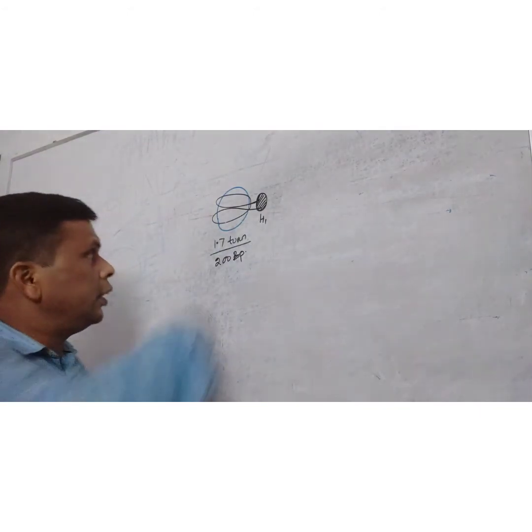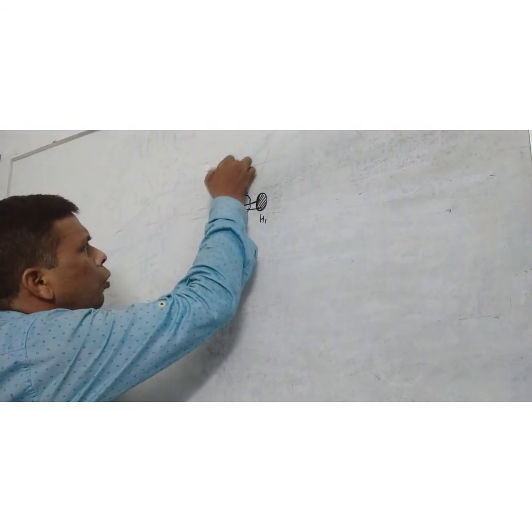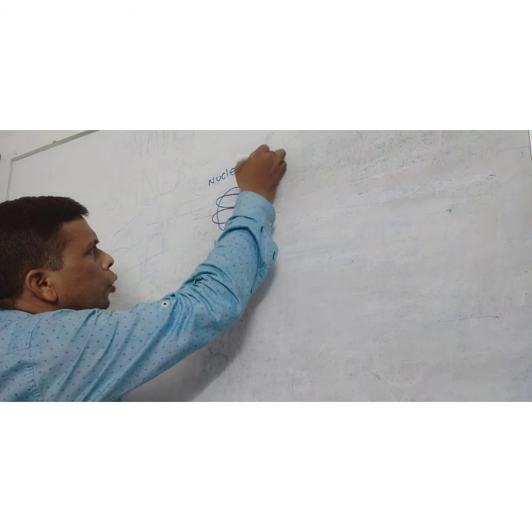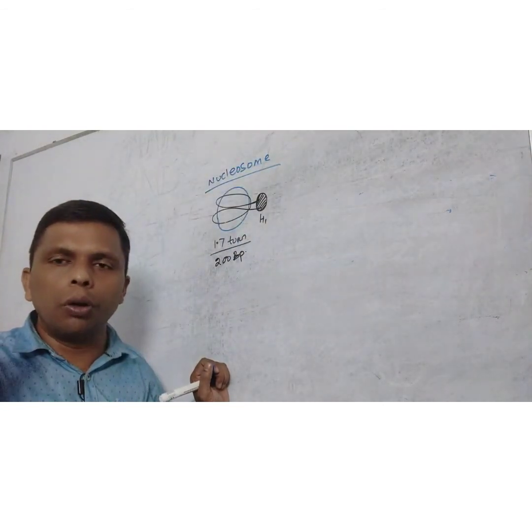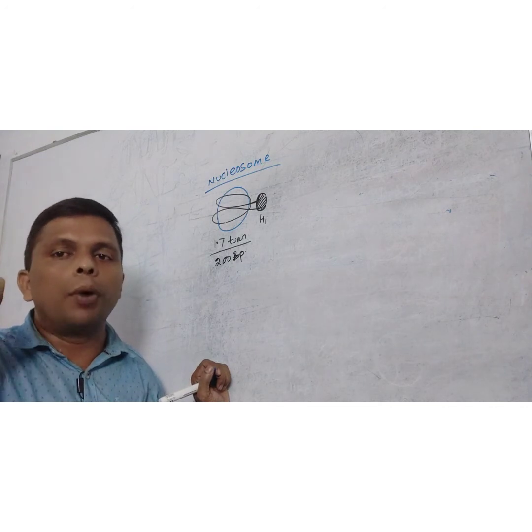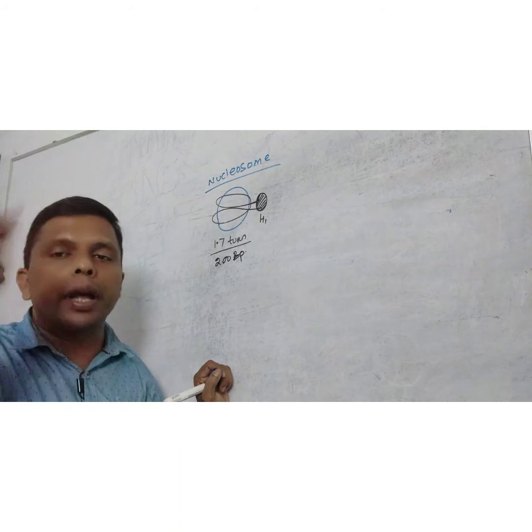Now this total model is called a nucleosome. Then what is a nucleosome? A nucleosome is a complex of octamer histone and DNA wrapped around it.